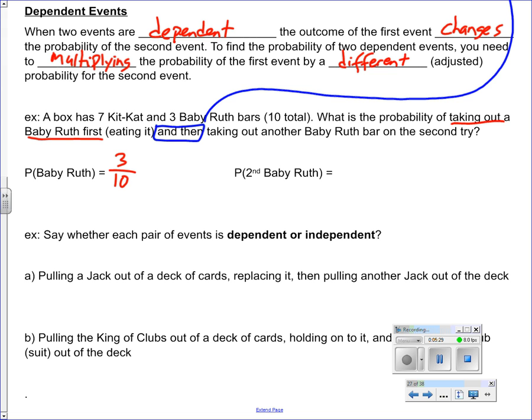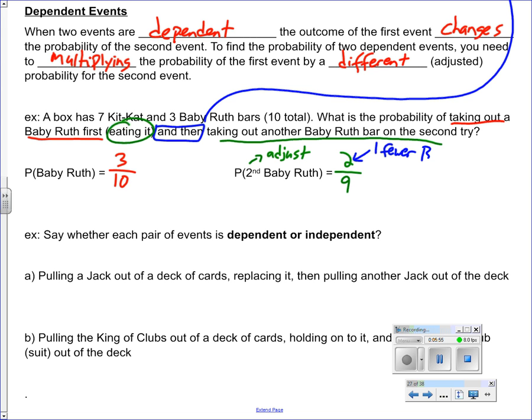The second one, taking out another Baby Ruth after eating the first one, we now have to adjust this. There's now only 2 Baby Ruth left in the box and only 9 total candies. Right, since we took one out, we had to adjust this top.